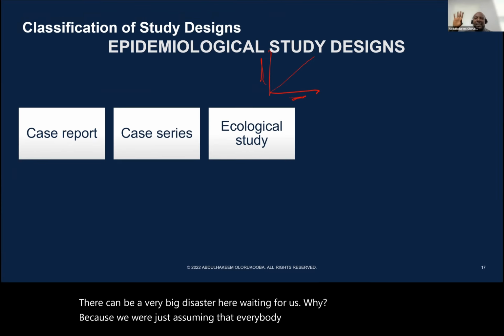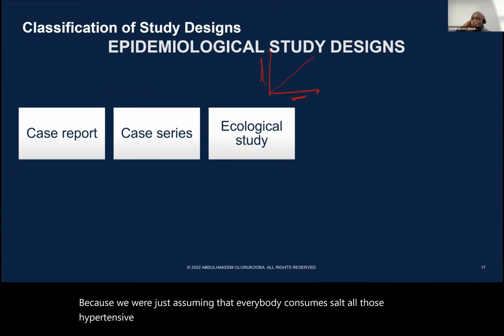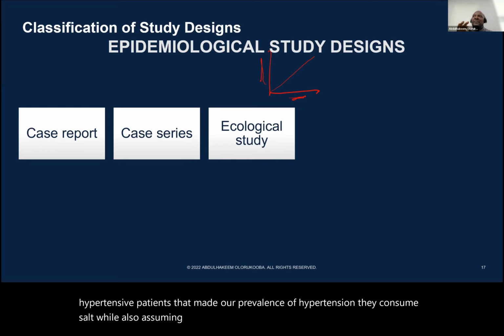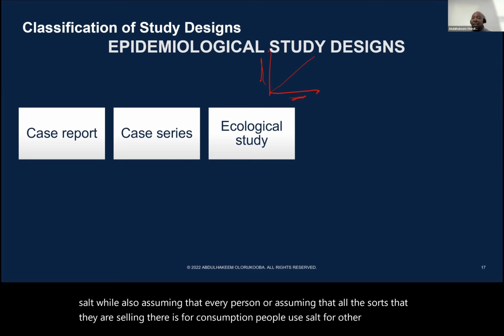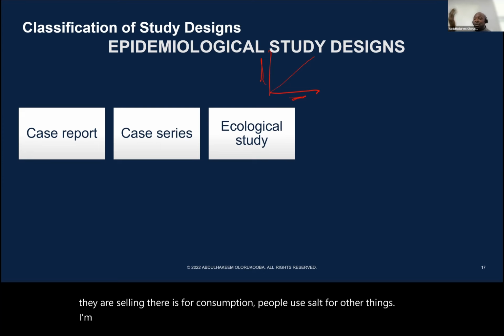All those hypertensive patients that made up our prevalence of hypertension, we assume they consume salt. We're also assuming that all the salt they are selling there is for consumption. People use salt for other things.